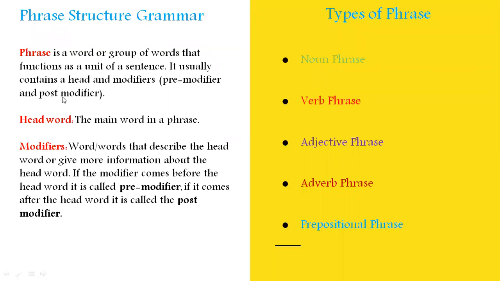If there are elements which occur after the head word, those elements are called post-modifiers. We'll discuss these two concepts, pre-modifier and post-modifier, in detail in our next session. As I said, in a phrase, we have a head word. And what does head word mean? It means the main word in a phrase.